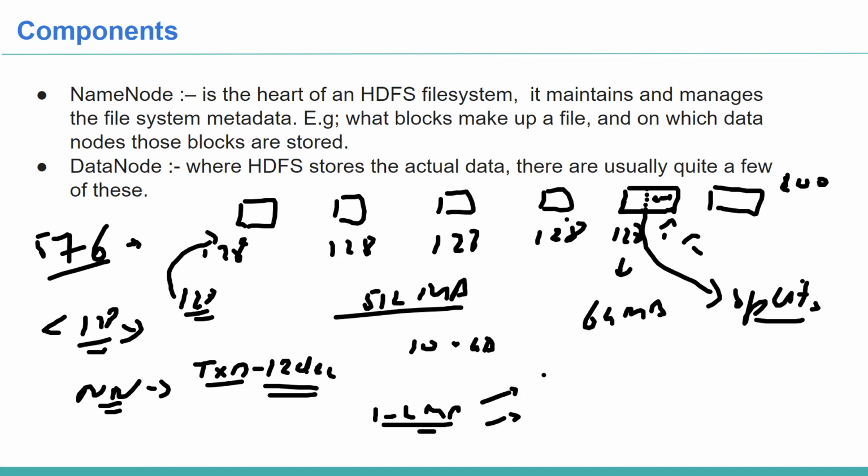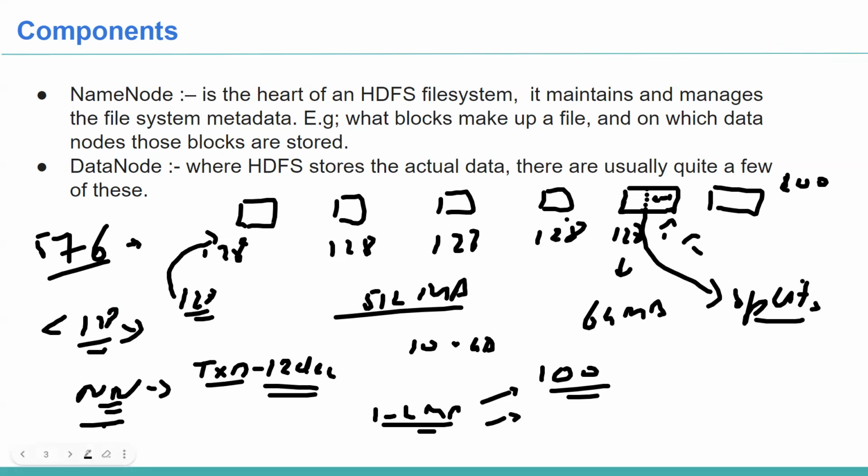For each data block, we have a 1 MB file. So for 100 MB, we'll be having 100 records in the name node. It will have to store the metadata for the 100 files. If there are 1,000 small files, then it has to store the information of 1,000 files, like where this data is located in which block.